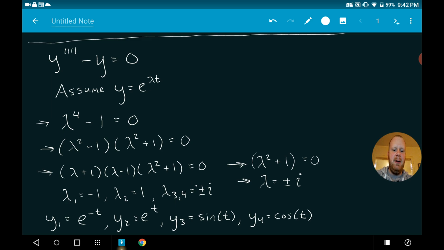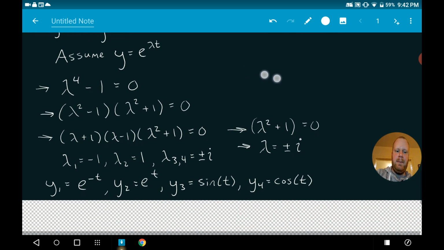So if you had some real value in there, you'd want to think a little bit more about what your y3 and y4 were equal to. But you could solve it exactly like you would if this were just a second order differential equation. You could write out those solutions in terms of A and B.